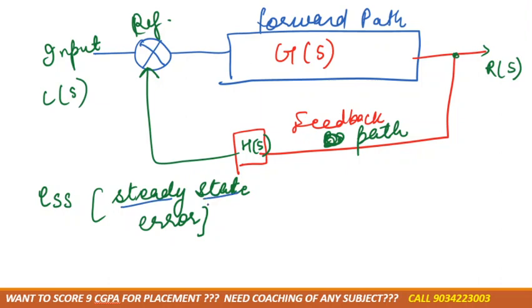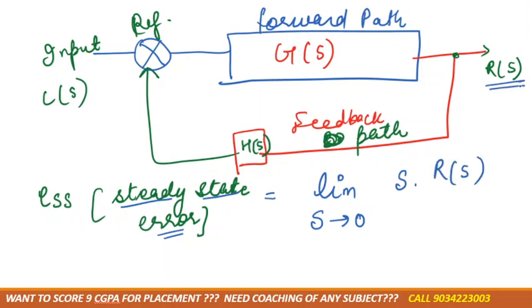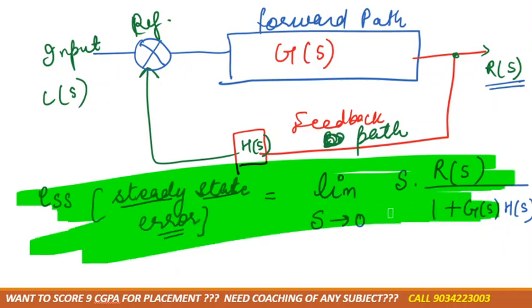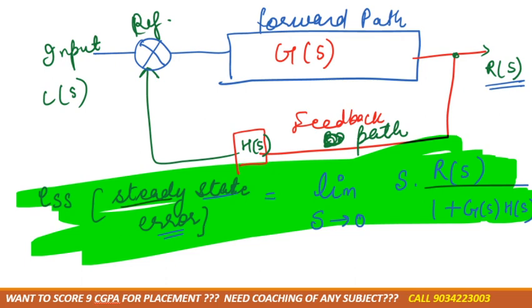Whenever they ask you for the steady state error, we have a particular formula: ESS equals limit s tends to 0 of s·R(s) divided by 1 plus G(s)H(s). This is the formula for the steady state error. Okay, understood?